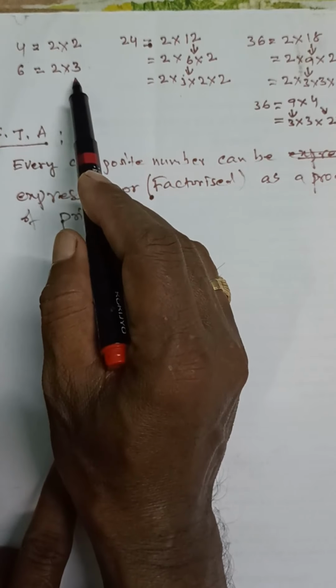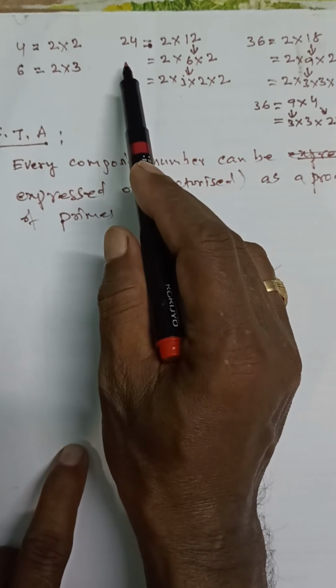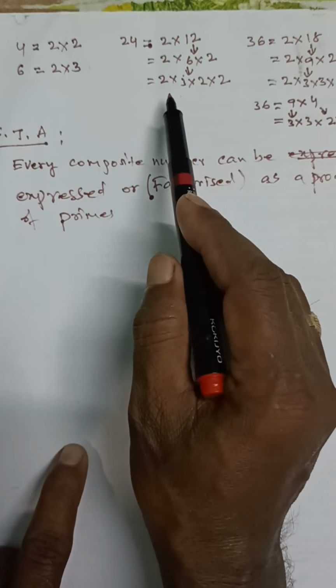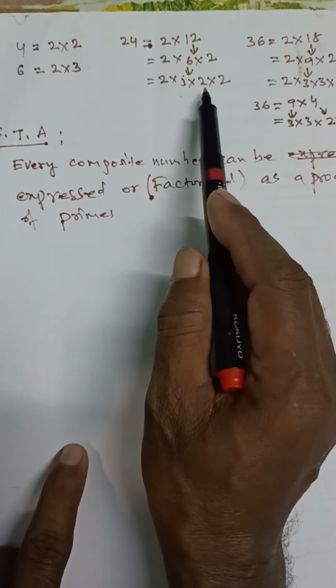2 is a prime number, 3 is a prime number. 24 is a composite number, and it can be expressed as a product of primes.